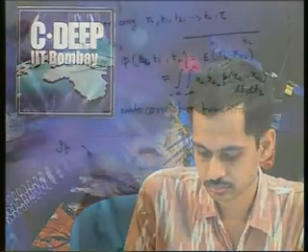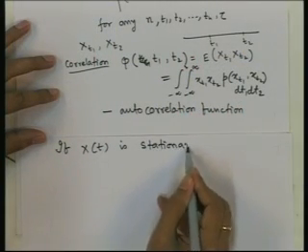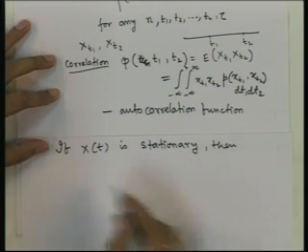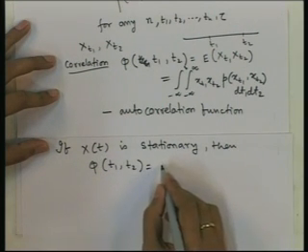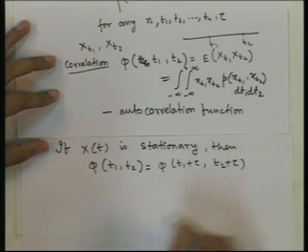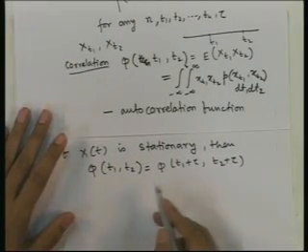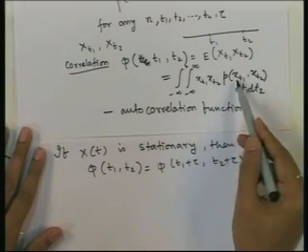So, if the process is stationary, then phi(t1, t2) will be the same as phi(t1 plus tau, t2 plus tau) for any tau. One can check that very easily from the definition, because this is invariant on the shift of the times.